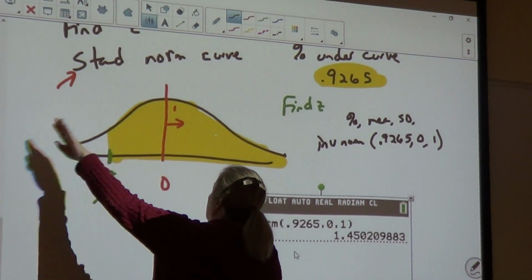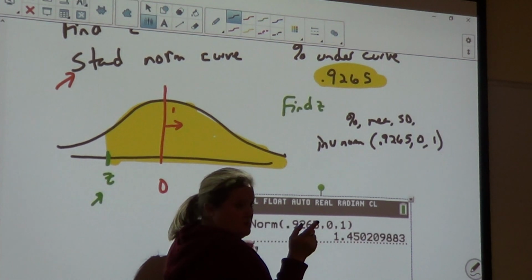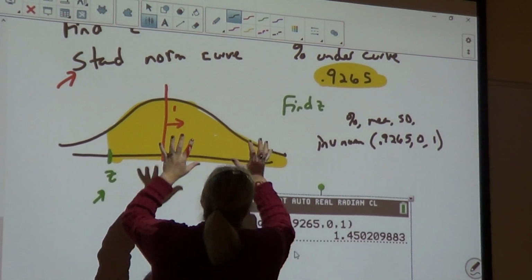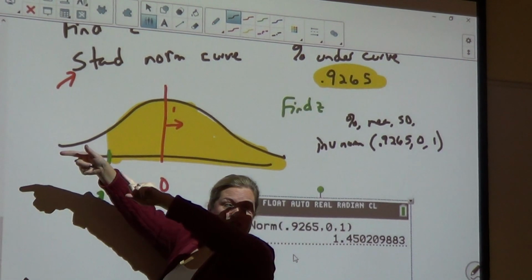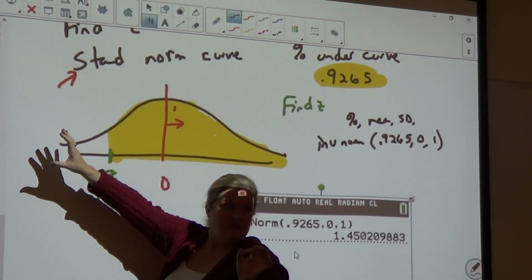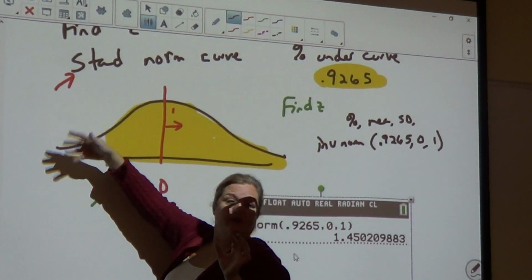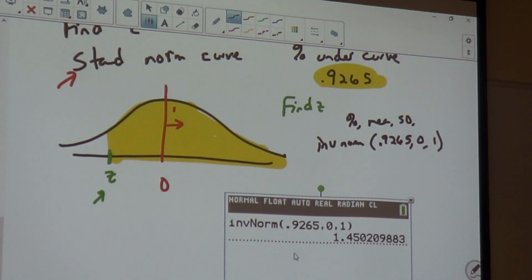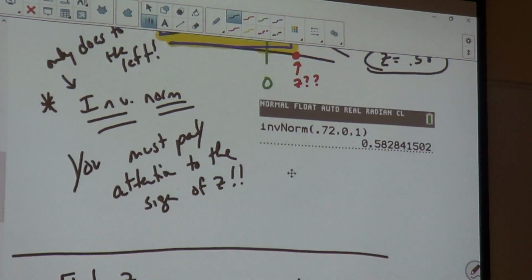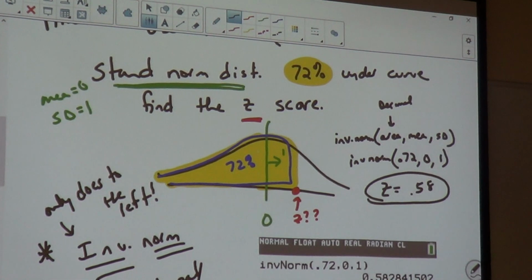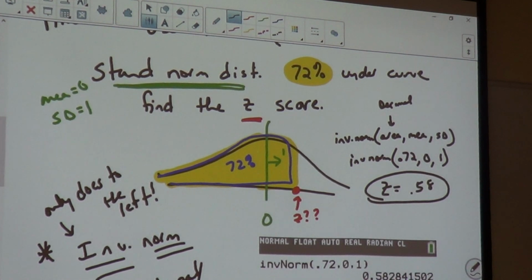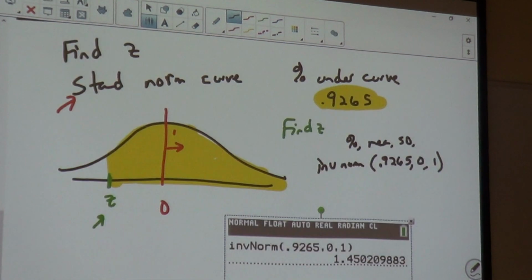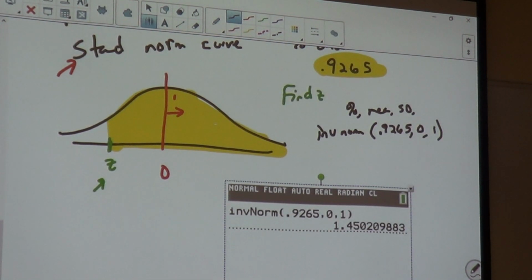If your shading is to the left, your inverse norm is correct. So inverse norm is a Beyonce. Inverse norm only does to the left. So for that last problem, the shading was to the left, so my z-score was correct. Here, my shading is to the right, so it isn't correct.